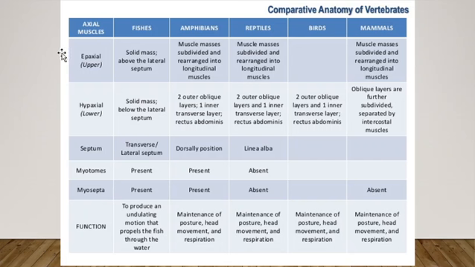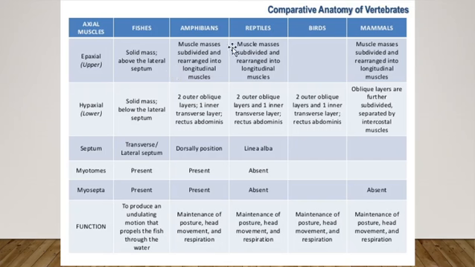Axial muscles, we have here the epaxial or the upper muscles, and the hypaxial, the lower. What happens to the septum, myotomes, and myosepta. And below that we have the function. Epaxial or the upper muscle. In fishes, it is a solid mass above the lateral septum. What about in amphibians? The muscle masses are subdivided and rearranged into longitudinal muscles.